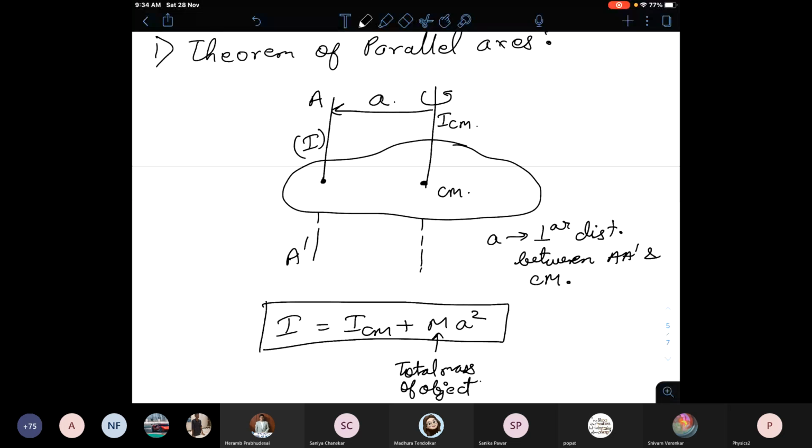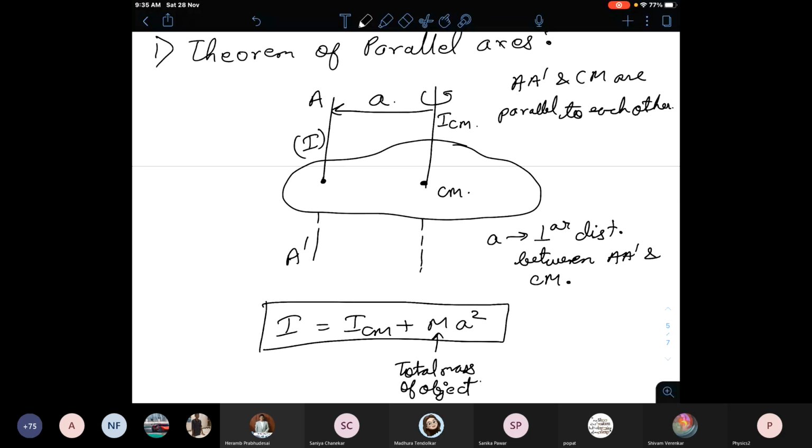First of all, for this theorem to be applicable, you need two parallel axes. A dash and the center of mass axis are parallel to each other. Then only this theorem is applicable.